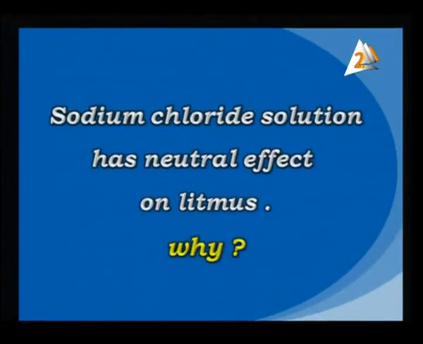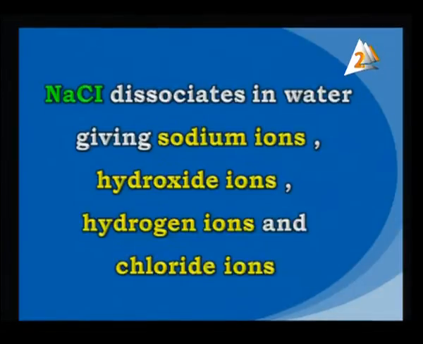Why? Because we work through the equilibrium or pH value. Good, a neutral solution. Neutral because NaCl dissociates in the water, giving sodium ion, hydroxide ion, hydrogen ion, and chloride ion.